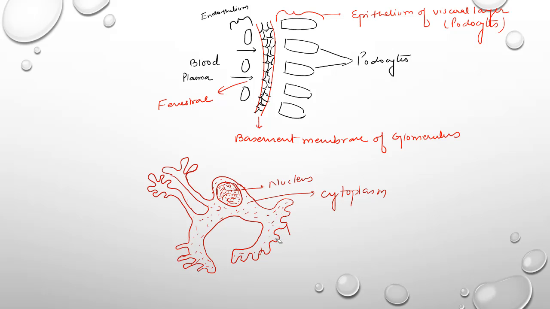These are the finger-like processes known as pedicels. Understood? So this is the structure of podocyte and the glomerular membrane.